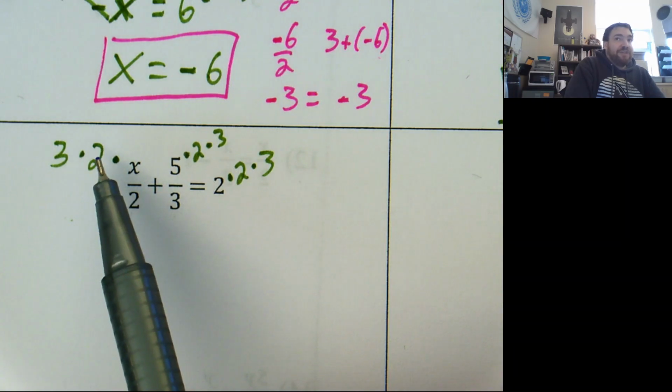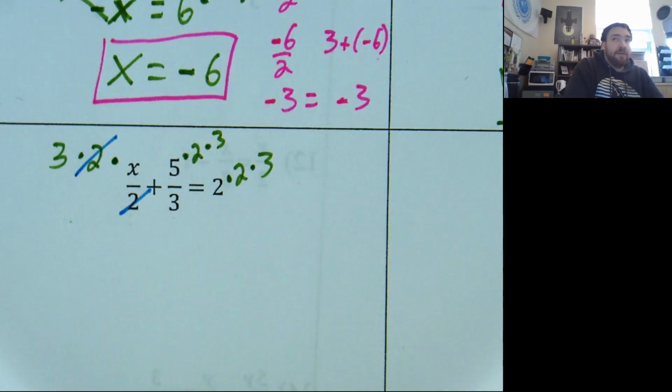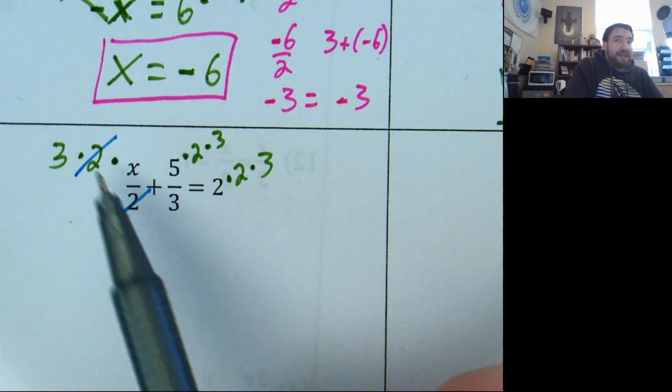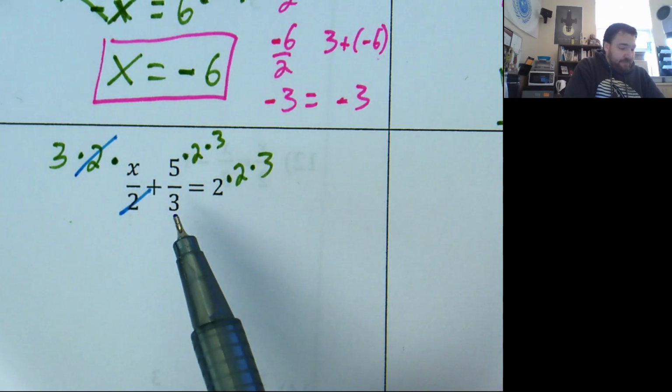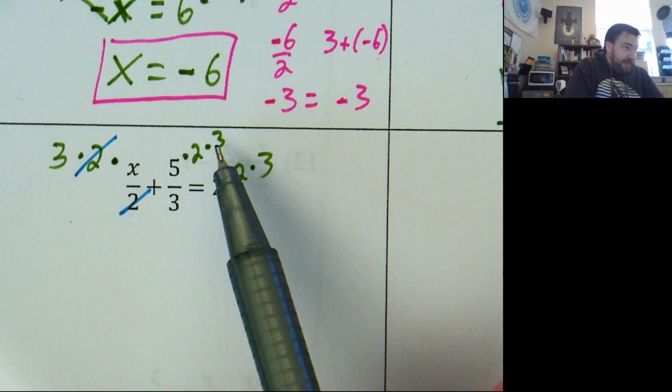If I multiply by 2 anywhere and divide by 2, those can just cancel. Before I do any multiplying, the 2 in the denominator cancels with the 2 that I'm multiplying. In the next term, that 3 in the denominator is going to cancel with what? That 3 I've got up there.